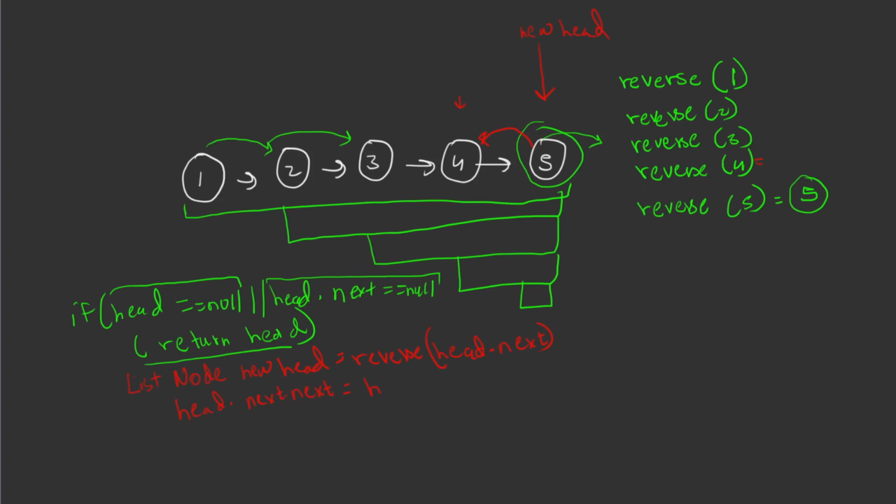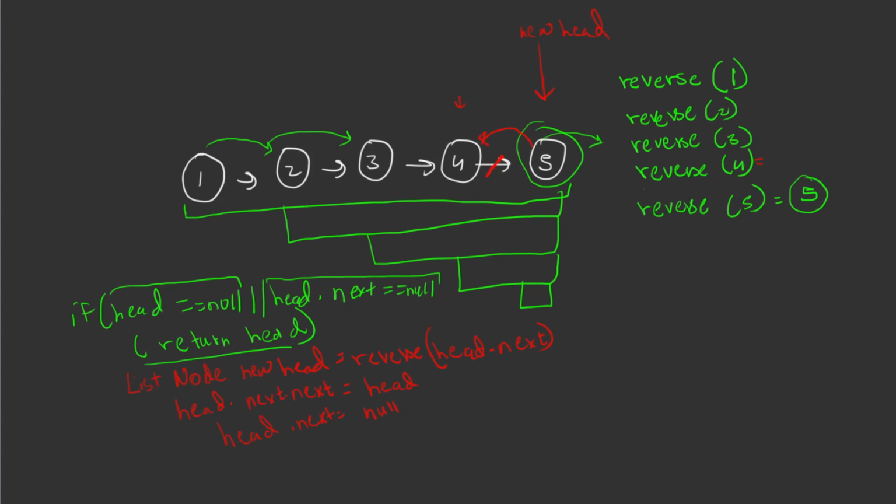It's equal to itself, right? Because head.next would be 5, and then .next of that would actually be null, right? Because 5 is not pointing to anything. But if you point it to head, 5 would then point to 4, right? And then head.next, so the pointer for 4, we're going to make that equal to null. So that just gets rid of this right here.